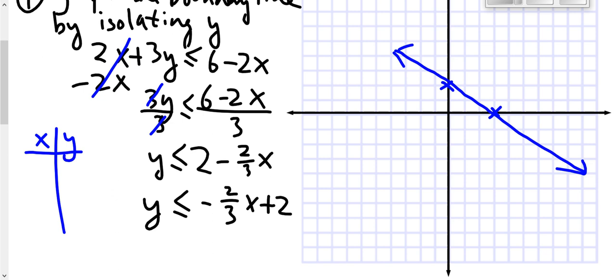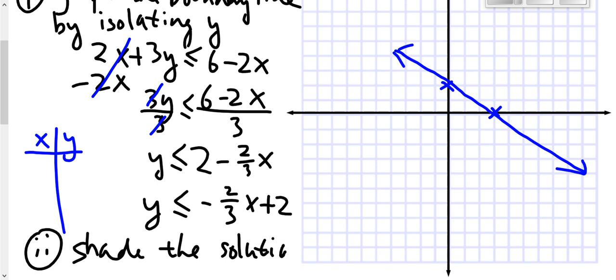So the second thing we need to do is shade the solution area. If you look at the question, look at the last part here, we know that y is less than.